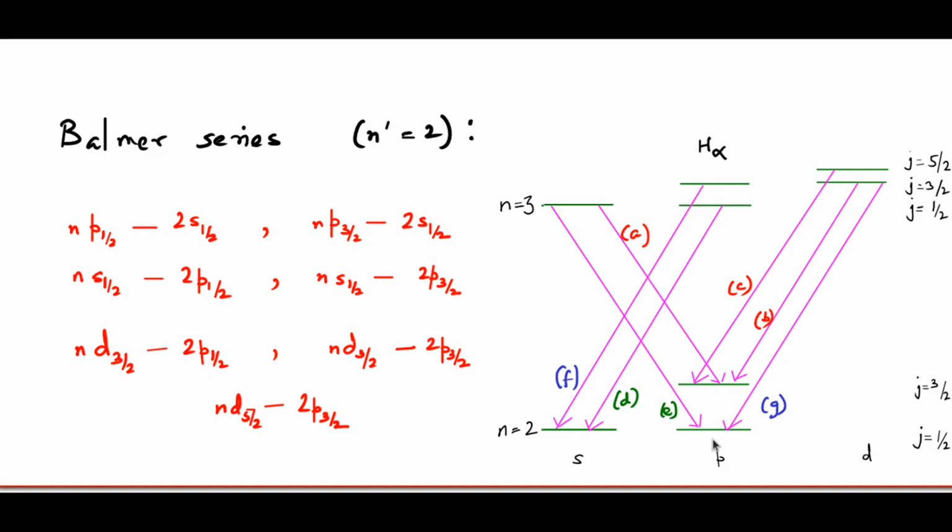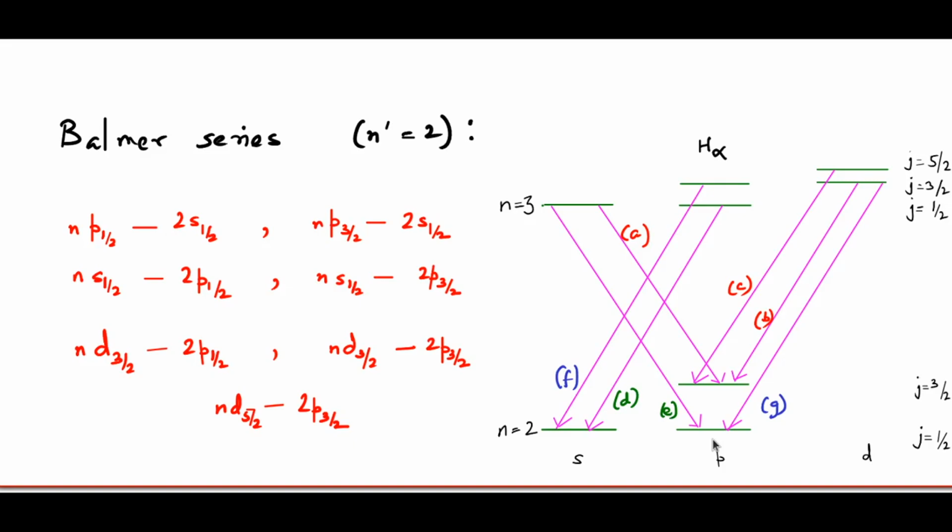And a very similar situation occurs for the two lines labeled in blue. These are transitions which occur from 3p 3/2 to 2s 1/2 and 3d 3/2 to 2p 1/2. The lines labeled F and G should again have exactly the same energy difference and hence the same frequency.